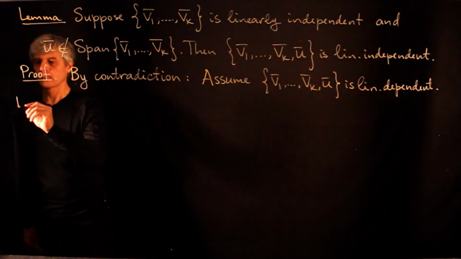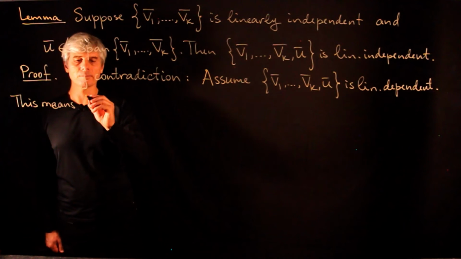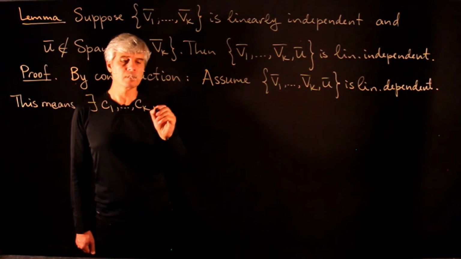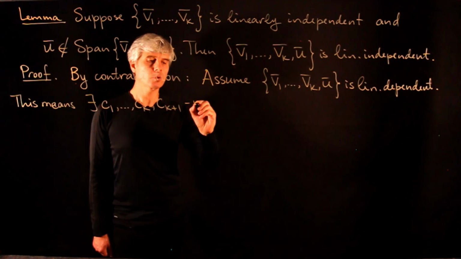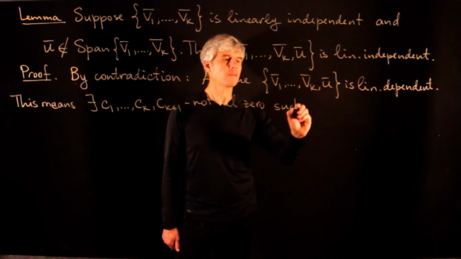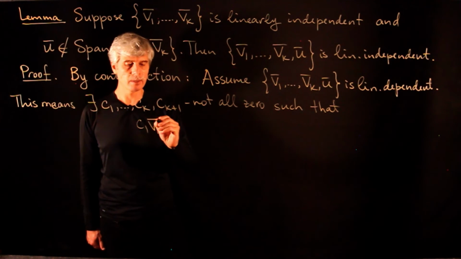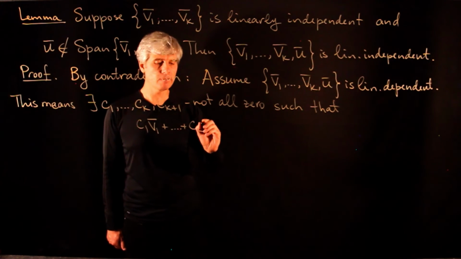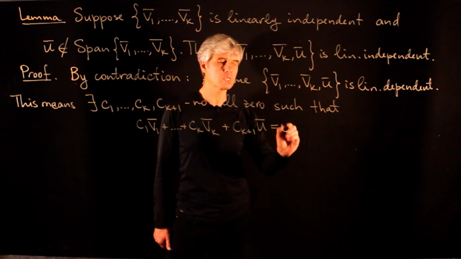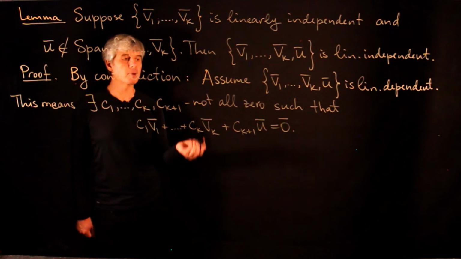This means that there exist scalars c1, ..., ck, ck+1, not all 0, such that c1 v1 plus ... plus ck vk plus ck+1 u is equal to 0. This is the definition of linear dependence.